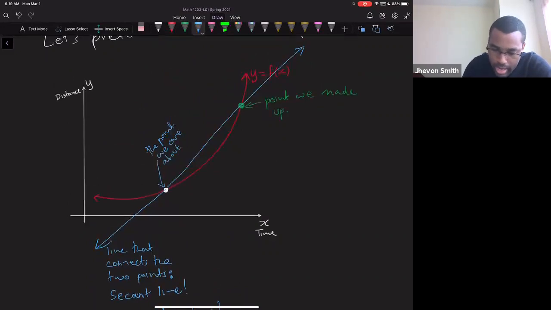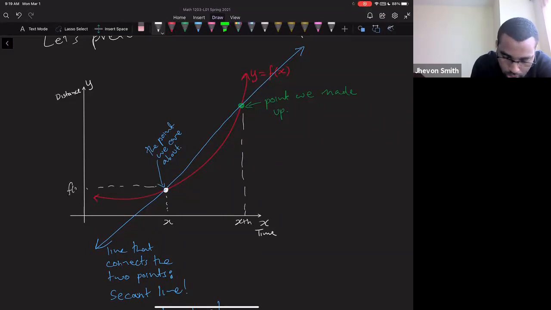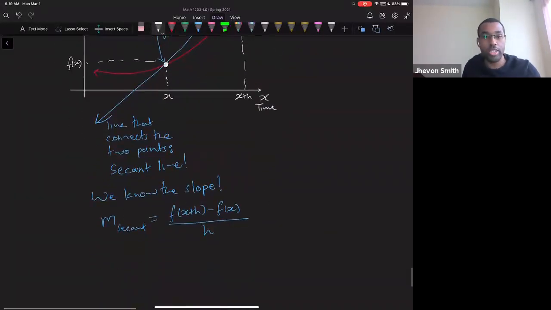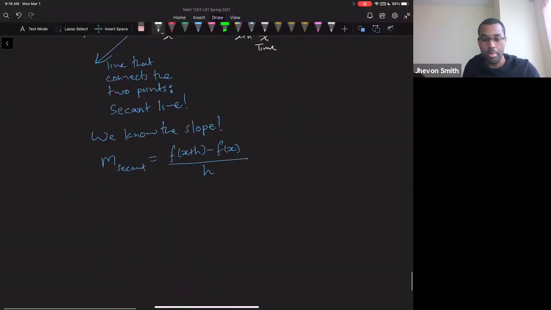So if this were x and this were x plus h, and this were f of x, this was f of x plus h, the corresponding y values, we can measure the slope of the secant line there.